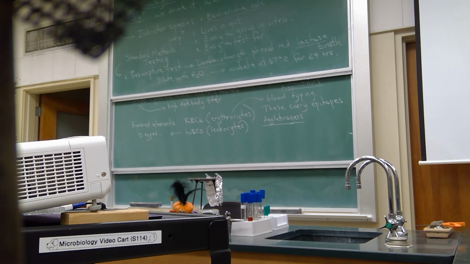One of the things that is mentioned in the lab manual has to do with how numerous these things are. There's a mnemonic device, never let monkeys eat bananas. Never is neutrophils. L is lymphocytes. M is monocytes, the monkeys. And then E is eosinophils, and bananas is basophils.